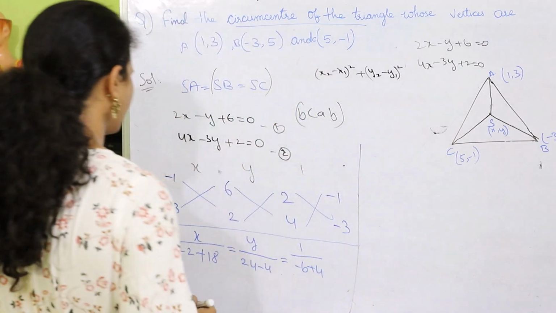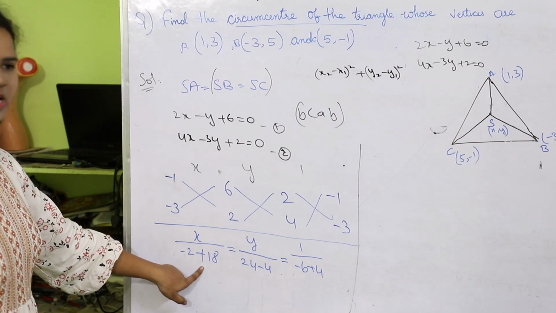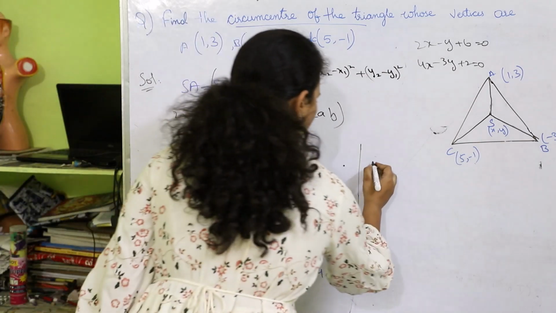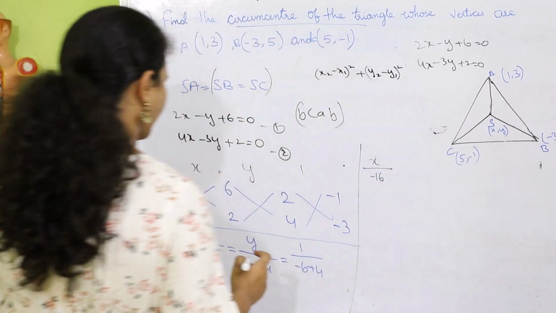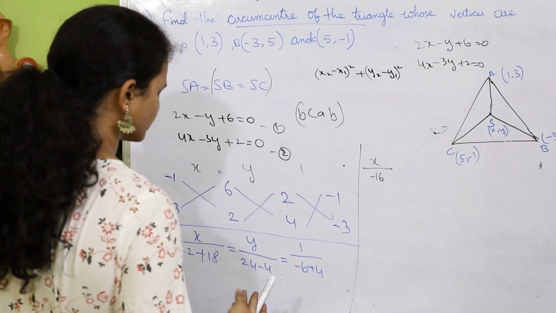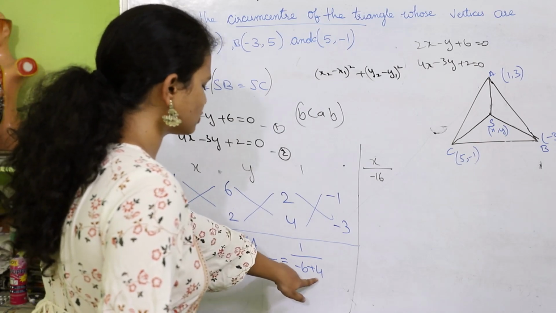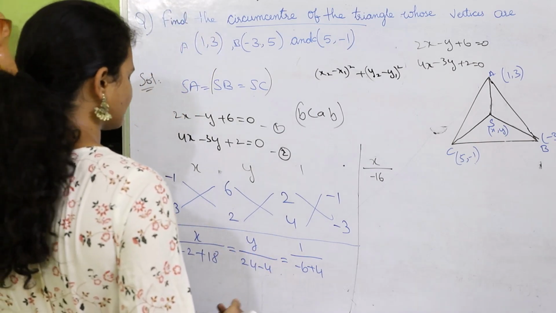Now here comes the process, guys, where x by minus 2 plus 18, how much? 18 minus 2, how much? 16. x by minus 16... Minus 6 plus 4, how much?